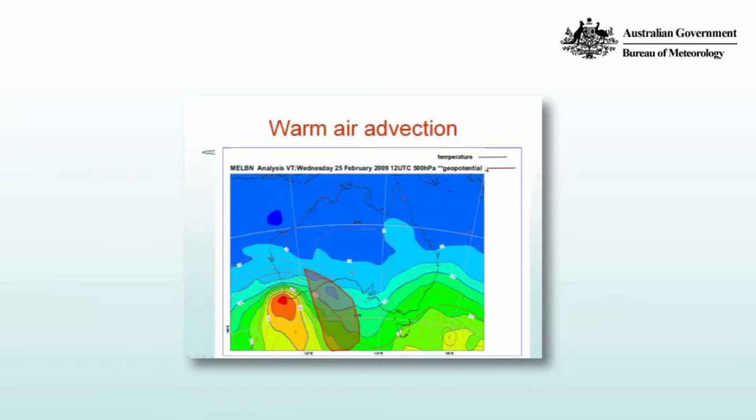Now what's shown here is a region where we can infer from these values of geopotential that the wind is northwesterly to northerly, and the winds are blowing from the blue shades, which are the warm values, to the green and yellow shades, which are the cool values. And so we have warm air advection in that region.